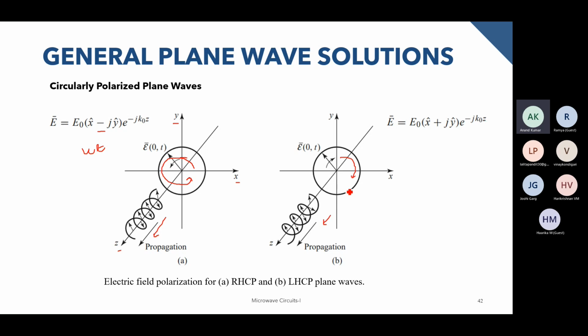So that is why for the second case we call them left hand circularly polarized waves, because they're tracing a circle, and by using your left hand you can demonstrate the direction. You can find out the direction of propagation if you know the rotation of the electric field vector.